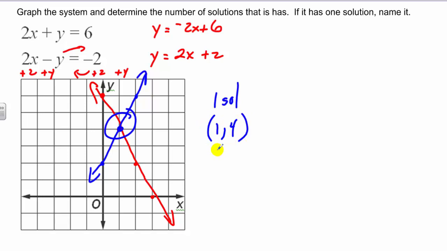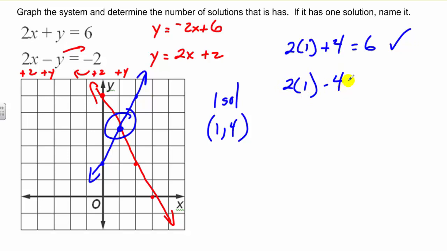And you'll find that if you plug 1, 4 into x and y in both equations, it will solve both. Let's just do that. So that's 2 times 1 plus 4 equals 6, and sure enough that's true. And then I have 2 times 1 minus 4 equals negative 2, and 2 minus 4 is negative 2. It solves both.